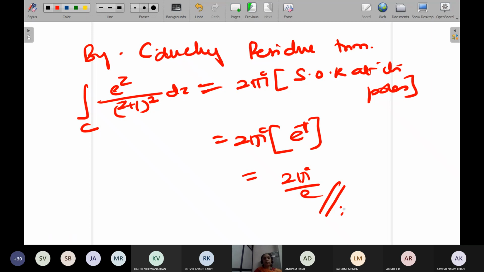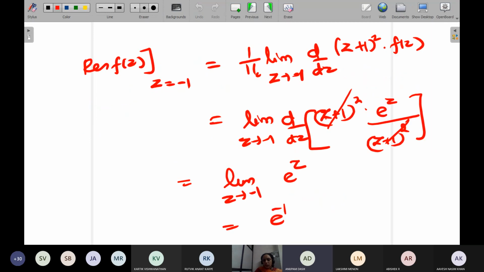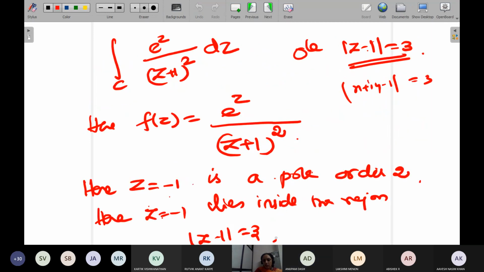You all understood? Ma'am, here z equals -1 is on the real line, right? It will lie on the real axis.